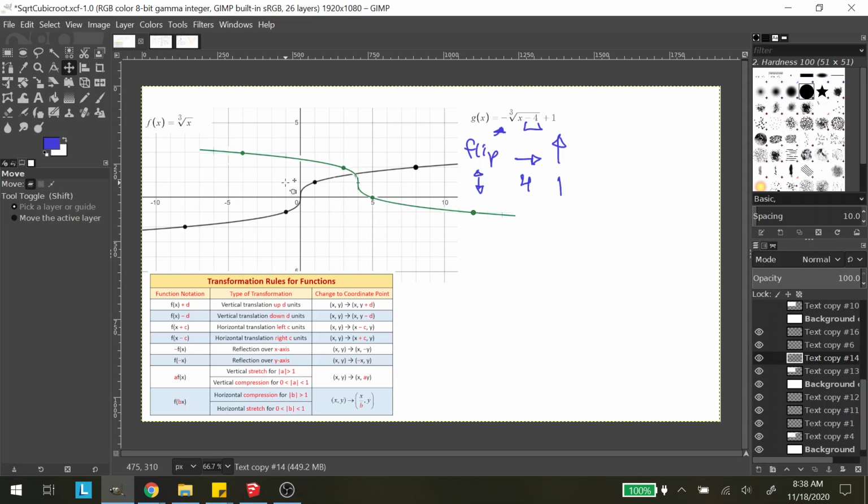Flip it up, right 4 up 1, that's just where we are. Flip it up, right 4 up 1, same thing. Flip it down, right 4 up 1, that's just where we are. That's really it.